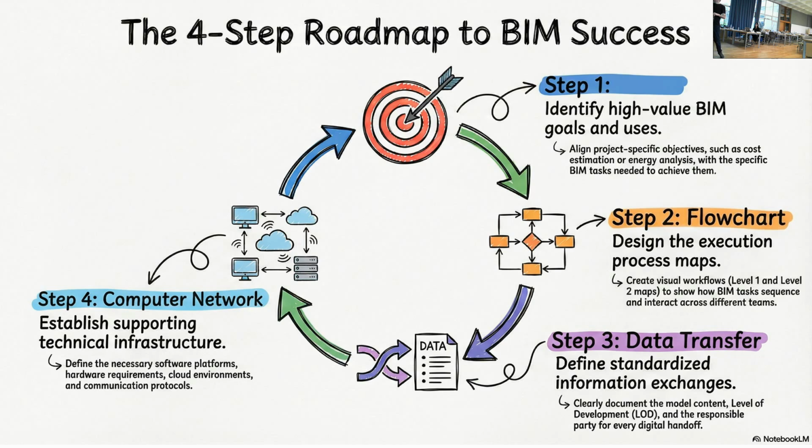Design. We redesign the execution process map. Okay. Then we define the data standardization, standardized information exchange protocols. Then the computer network, the computers, the processors, graphic processors, etc. Okay, the cloud, like what kind of cloud you will be using?